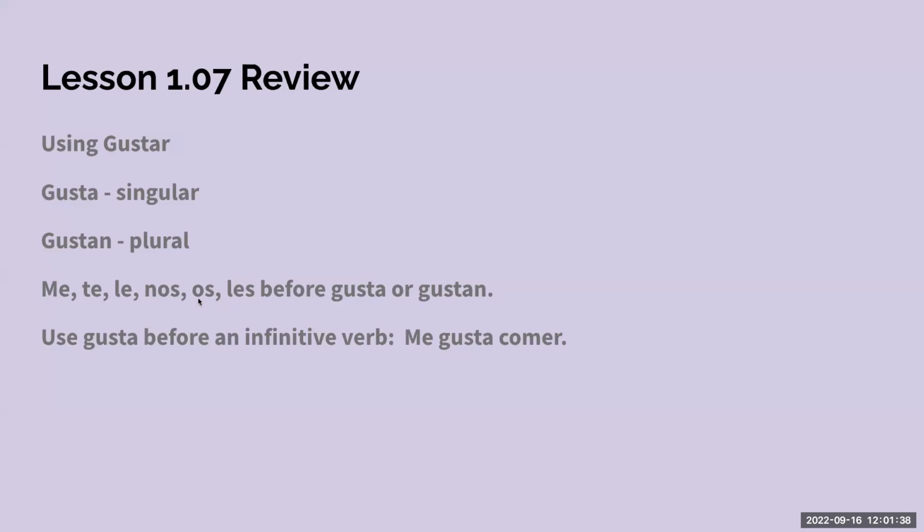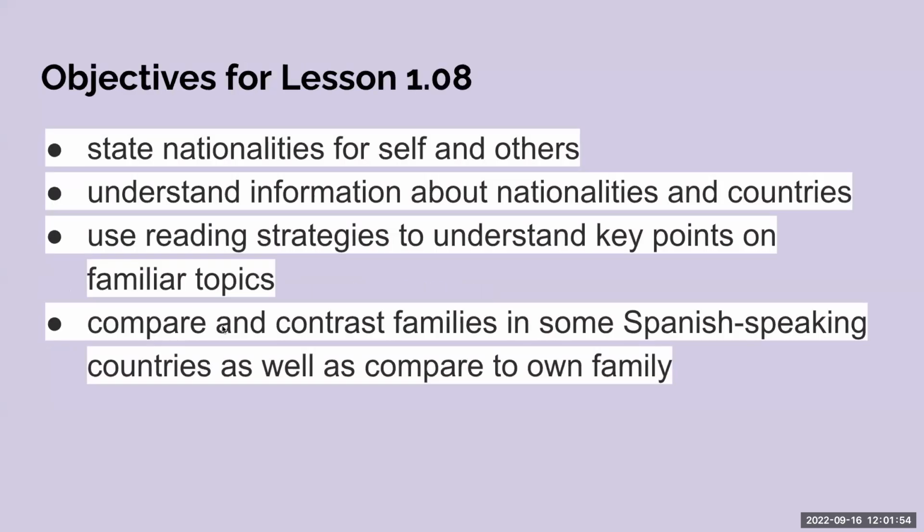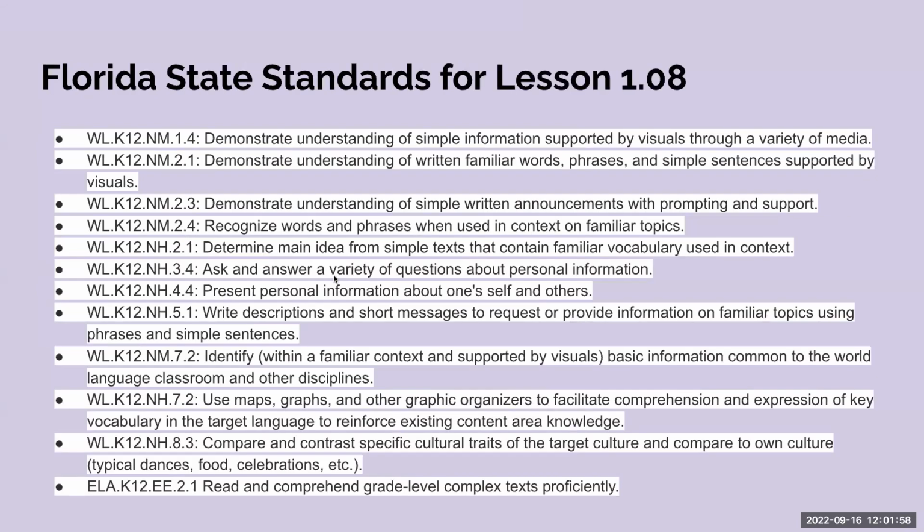It's from the vosotros form. So you just have to be familiar with it. Les is used for ellos or ellas or ustedes. So if I say, me gusta el gato, I like the cat. Oops, sorry about this.